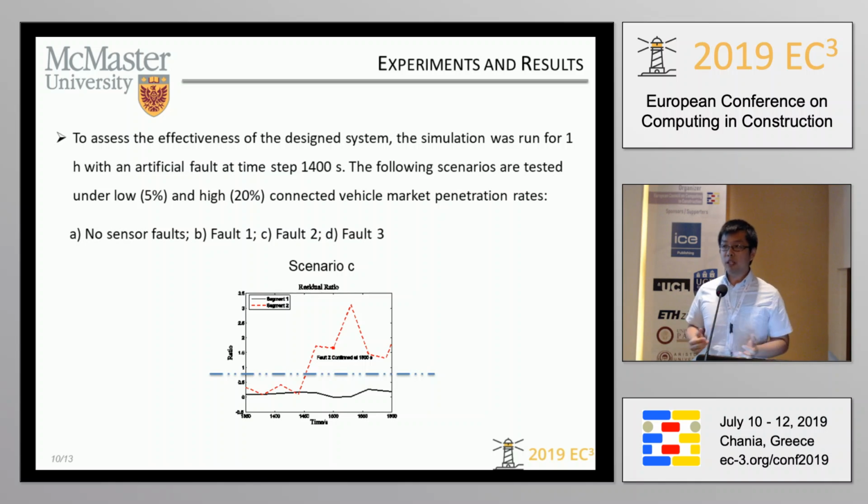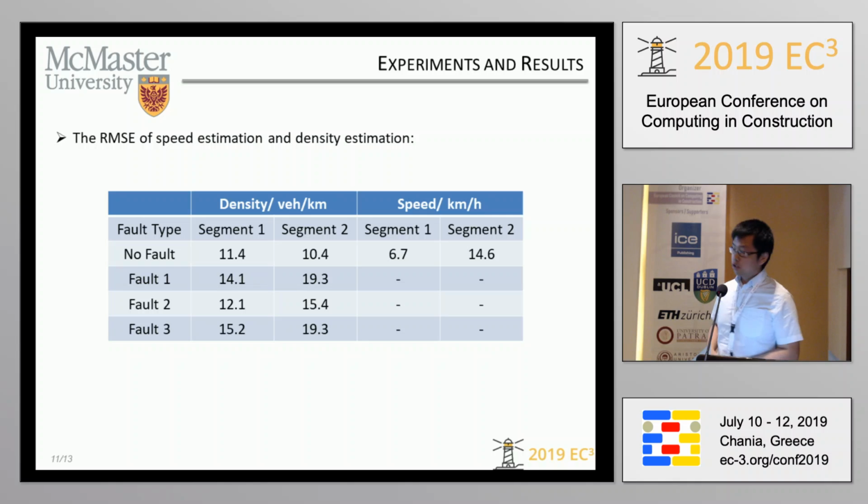And now we successfully detect the sensor fault, but what about the performance of our system? So the root mean square error of the speed estimation and density estimation are shown in this table. As you can see, overall, an accurate traffic density estimation was achieved under all scenarios.